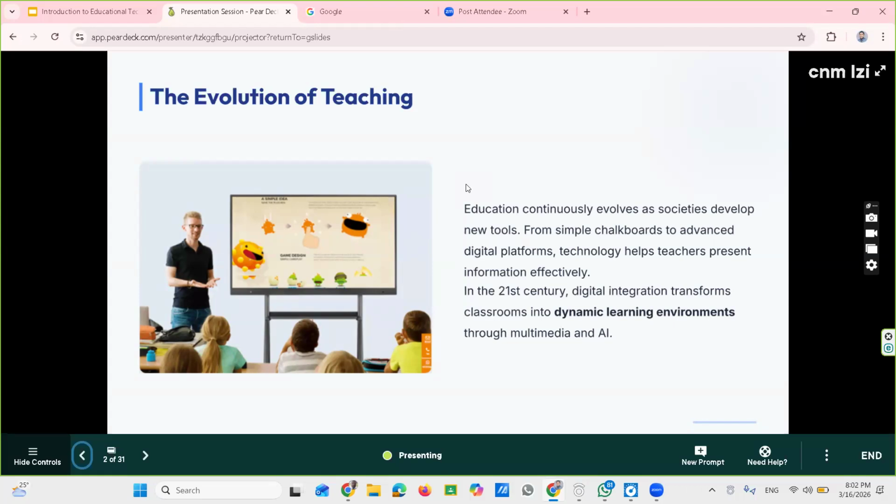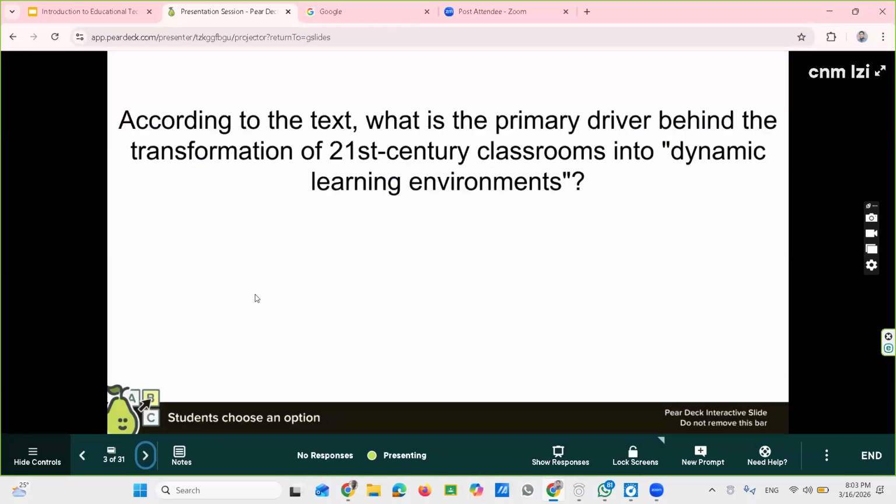Normally, until now, we have had a static environment. From that point, we need to move to a dynamic learning environment using various kinds of technologies; currently multimedia and AI technology are very popular. Based on this information, try to do this activity.